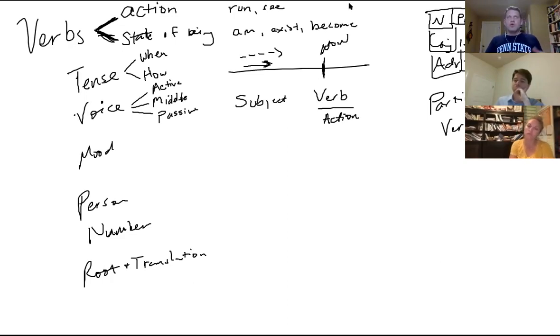Again, we'll just use one. I'll use kick. I like ones that are easily visible in our minds. So if the subject does the kicking, for example, I kick, the subject does the verb. What is that? Active. That's active. Good. So our definition can be the subject is acting, that's active.